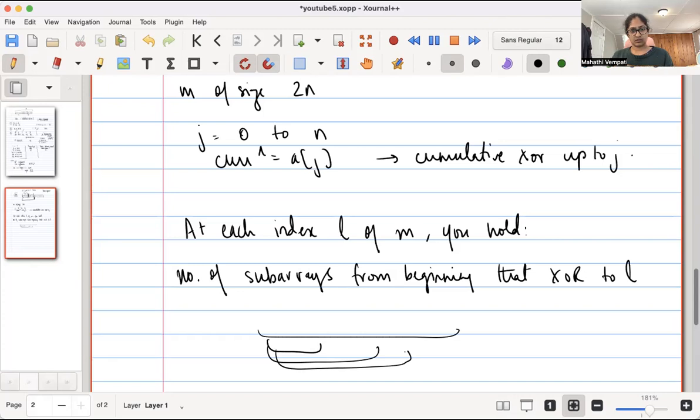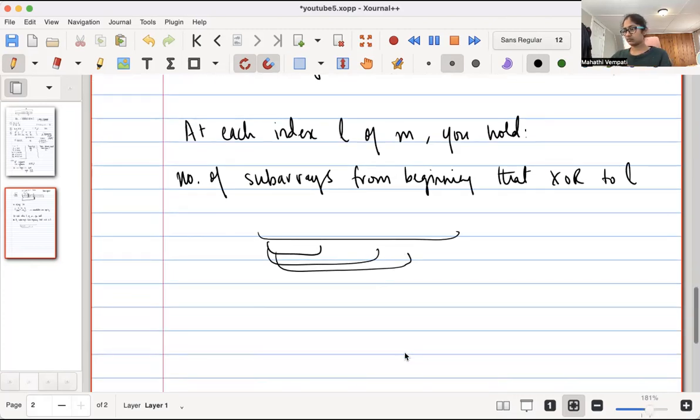Then you basically, for each cumulative XOR, so for the number n, for each cumulative XOR, you go add n XOR that value. Why is that?